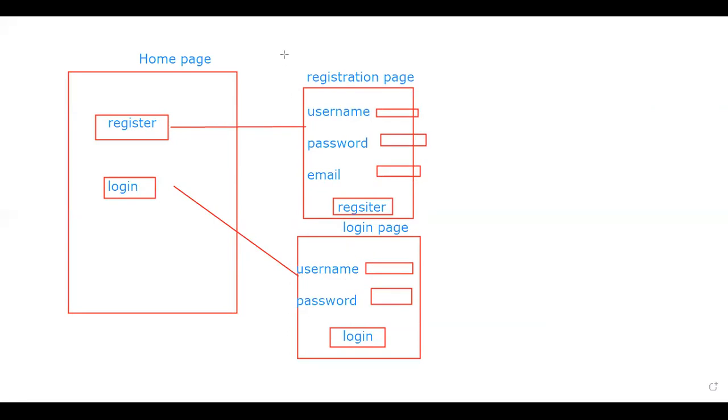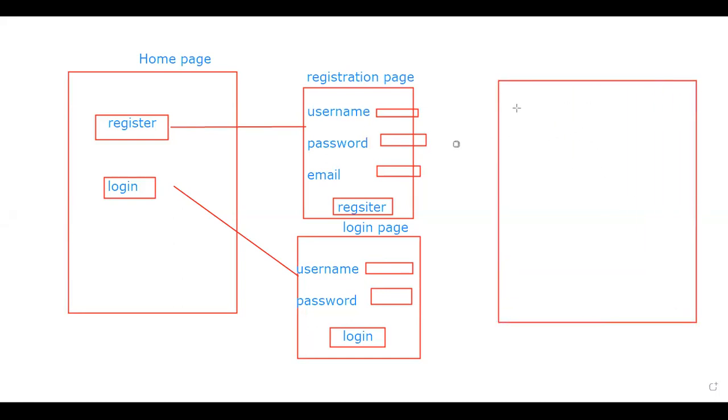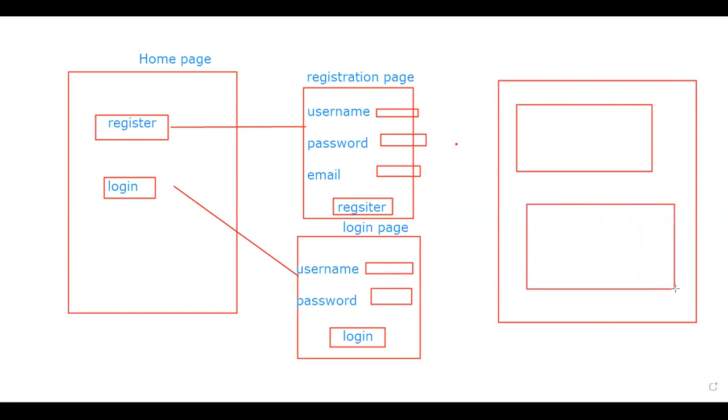Now, the main thing is, whatever data I enter in the registration page, whatever username, password, and email I give, should be stored in a database containing two tables, one table for login and one table for registration.